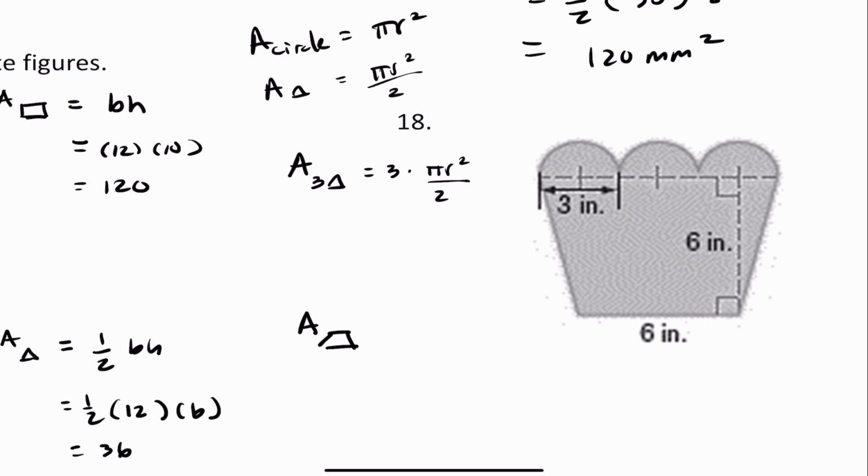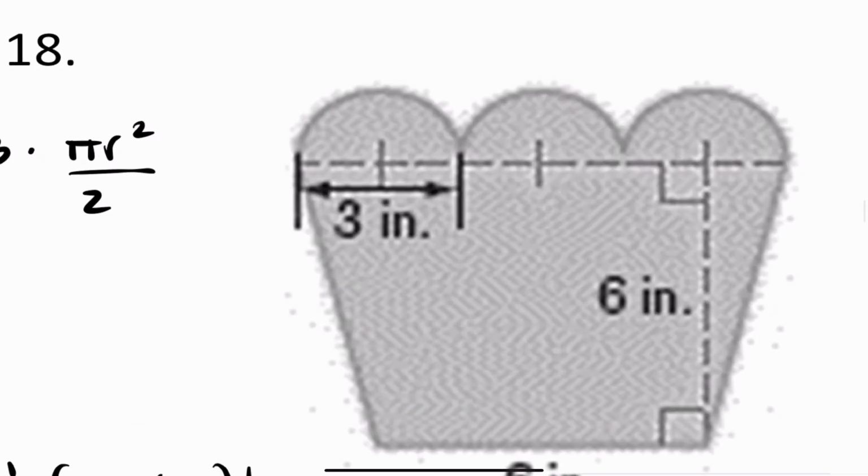All right. So the area of a trapezoid is 1/2 the first base plus the second base multiplied by the height. Let's work with the trapezoid first. Well, look, we know that this here is 3 inches. And, oh, I can see those tick marks too, right?